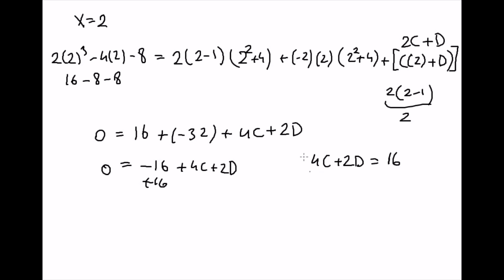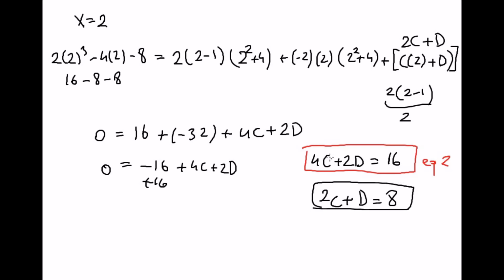Alright, this can be our second equation. And actually we can reduce this as well. If we divide all terms by 2, we obtain 2c plus d is equal to 8.